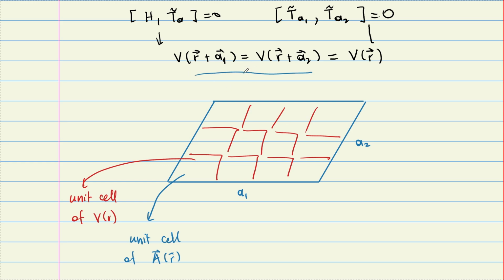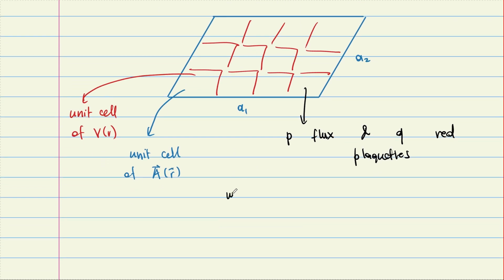And when we see this, this will be satisfied if the flux in the plaquette is equal to P, let me write, if we have P flux and Q red plaquettes, this one is going to be satisfied, right? Where P and Q are mutually prime.